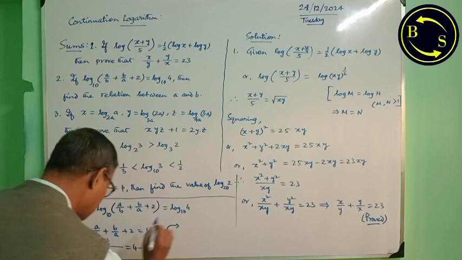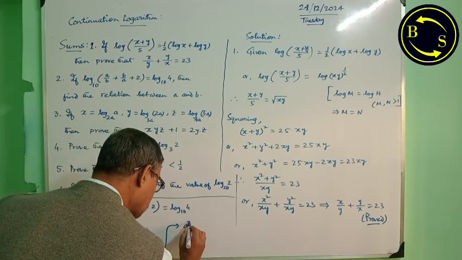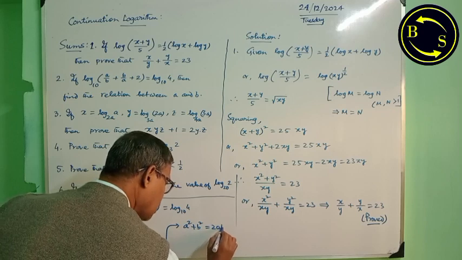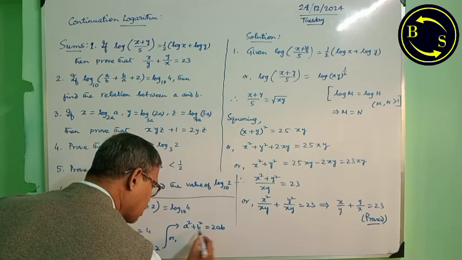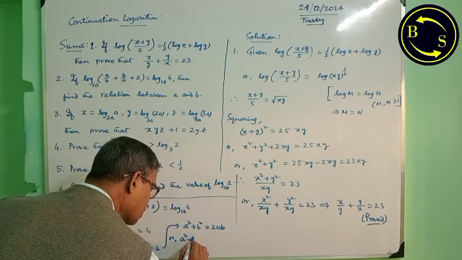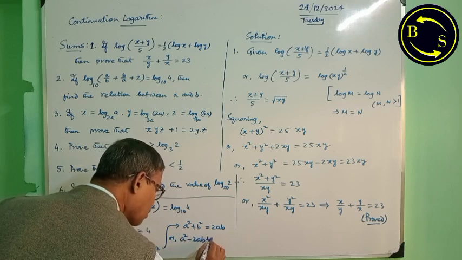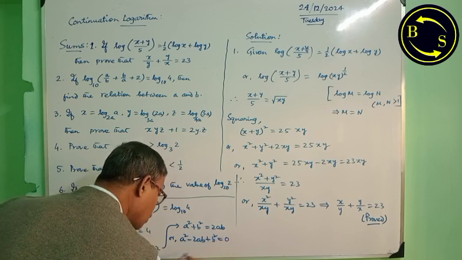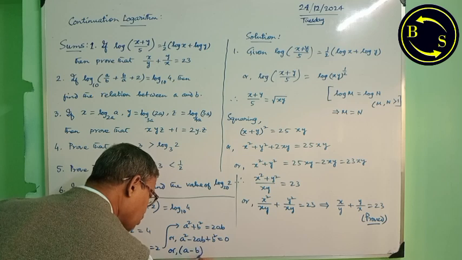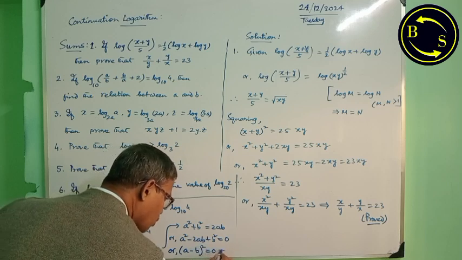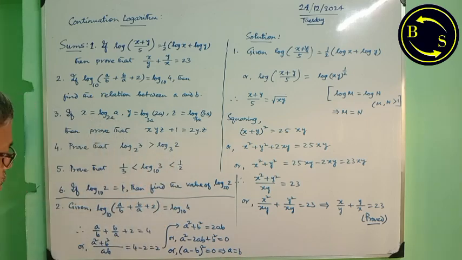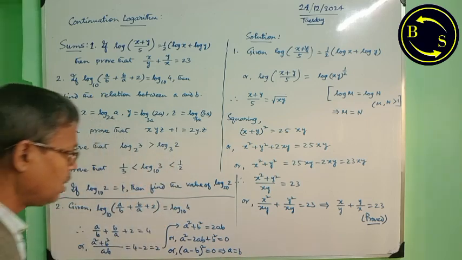Then a square plus b square is equal to 2ab, or I take on the left a square minus 2ab plus b square equal to 0. This is a perfect square, (a minus b) whole square equal to 0, from which we get a equal to b. Therefore, the relation between a and b is a equal to b.